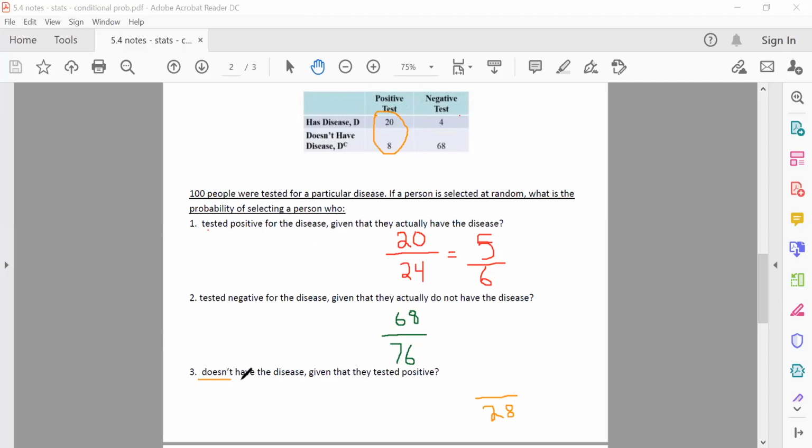And then we want those who don't have the disease within that category, which would be 8. So I'm actually going to calculate that. It's about 0.2857. That's rounding.